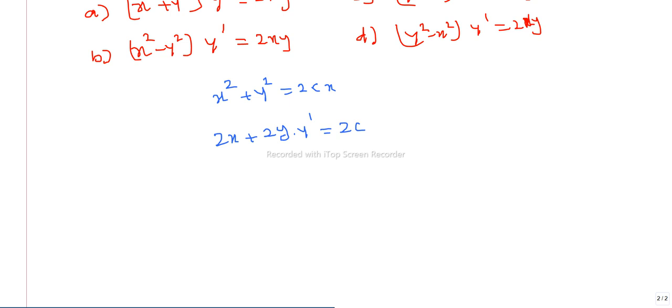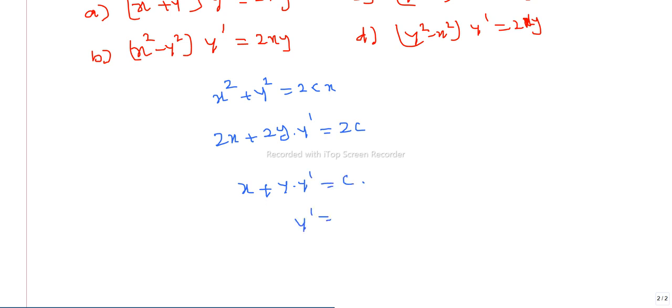Now, if we cancel 2, because all the terms contain 2, we have x plus y into y dash equal to c.